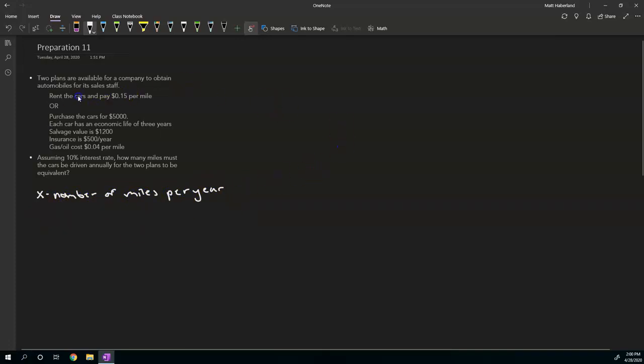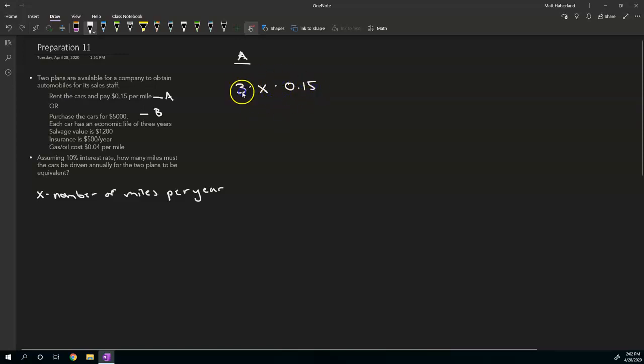So how are we going to approach this? Let's start out with net present value. Option A: we're going to pay 15 cents per mile. So x is the number of miles per year, we've got 3 years times the number of miles per year multiplied by 15 cents. And you'd think, oh, that's the total amount of dollars that would have to be spent: $0.15 per mile times that many miles per year times 3 years.